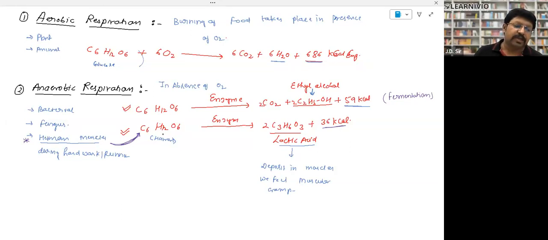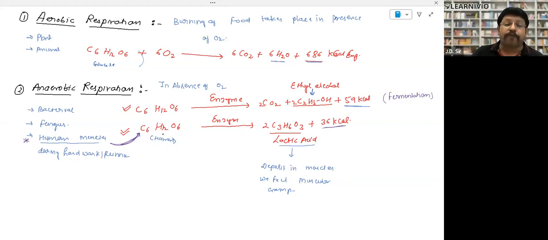When this anaerobic respiration takes place in bacteria and fungi, glucose breaks down in presence of enzyme into carbon dioxide and ethyl alcohol.